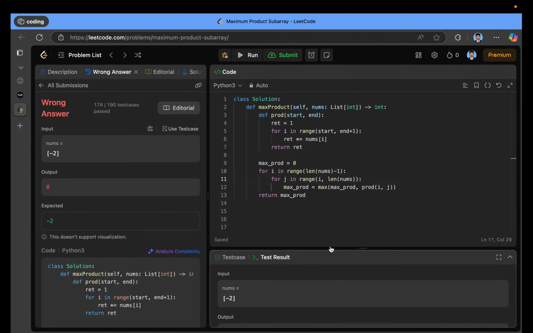Okay, so minus 2. What am I doing wrong? For i in range length of nums minus 1. When length is 1, it will not work. Okay, now it should work.